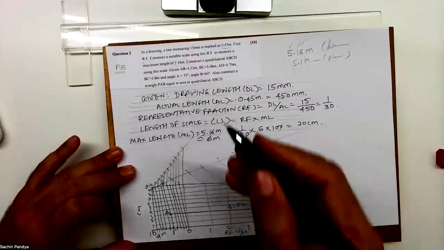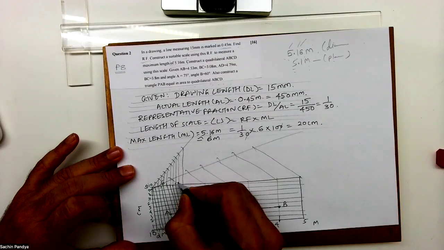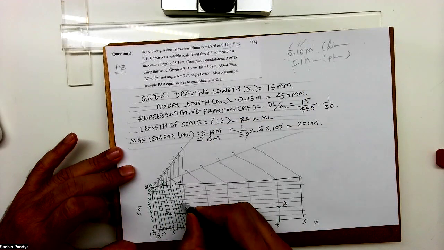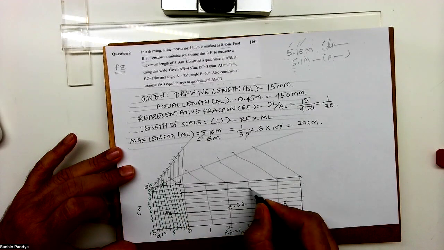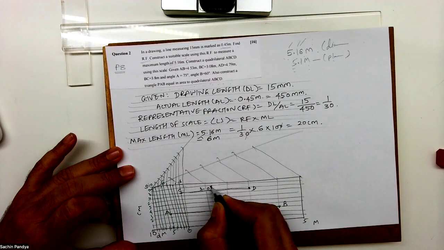BC is 3.08. 3, then 0, the line joining 0 to 1. On that, I'll go 8 up. 1, 2, 3, 4, 5, 6, 7, 8. So this is 3.08 meter.